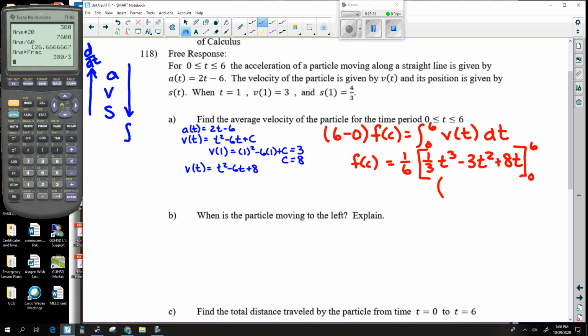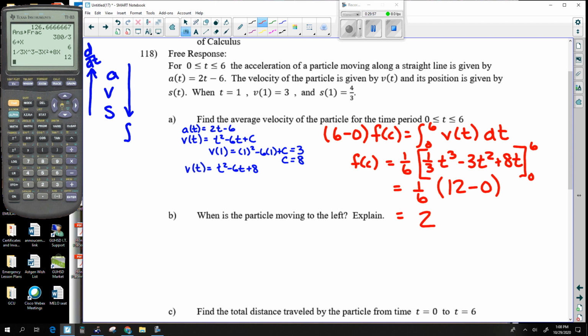So the evaluation at 6 of one-third x to the third minus 3x squared plus 8x is 12. So this is 12 minus 0, and this is 1/6. So this is going to be 2.